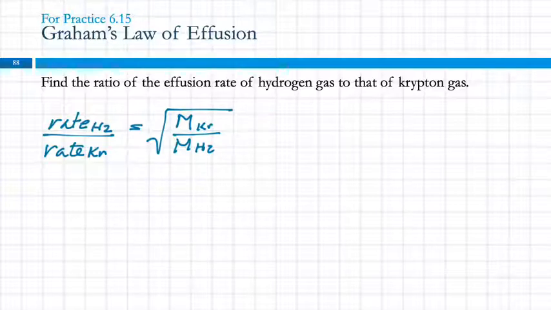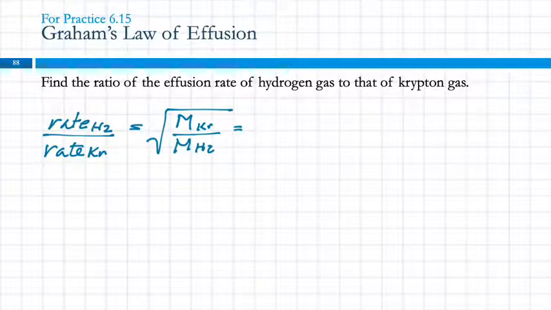Here we have a ratio of one to the other. We can put them in kilograms, but the conversion factors cancel out because all the units end up canceling out. It does matter which one starts at the top. Here it's asking for the ratio of hydrogen to krypton, so I want to put hydrogen on top and krypton on the bottom. And then they're going to be opposite on the other side, because this is A and that's A. This is B and that's B.